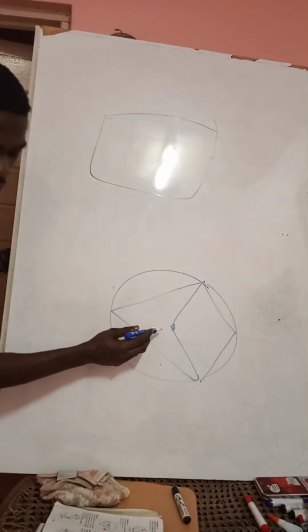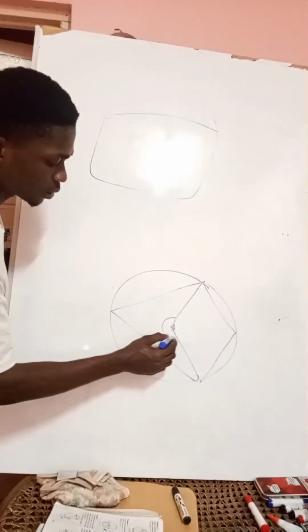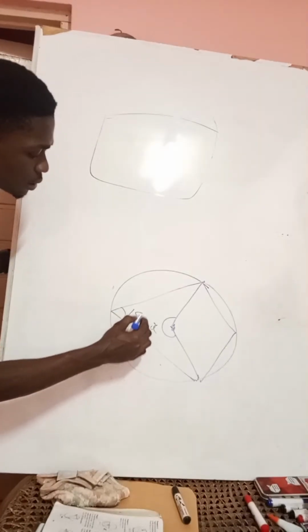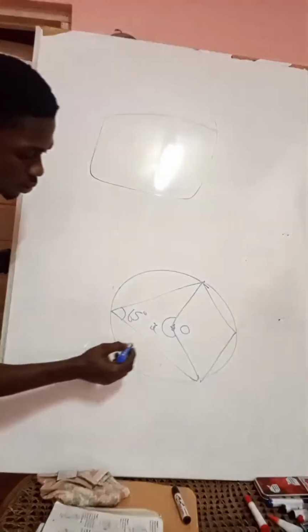We can apply one law to solve this question. This is x and this is 65 degrees. This is x. This is O.